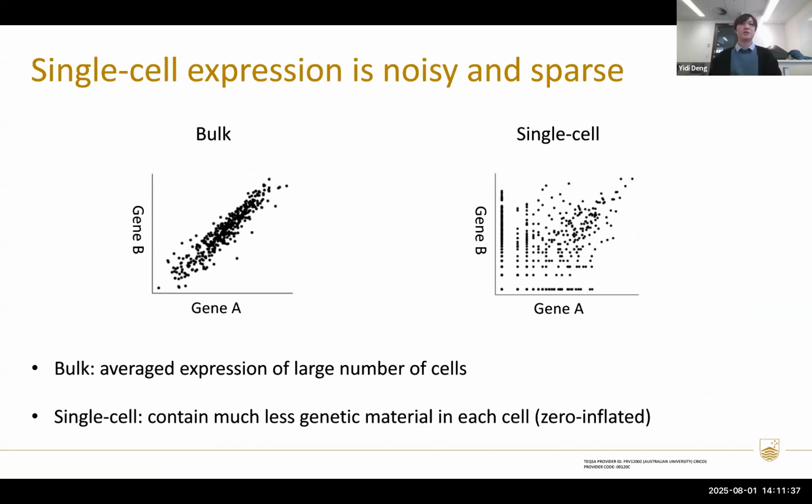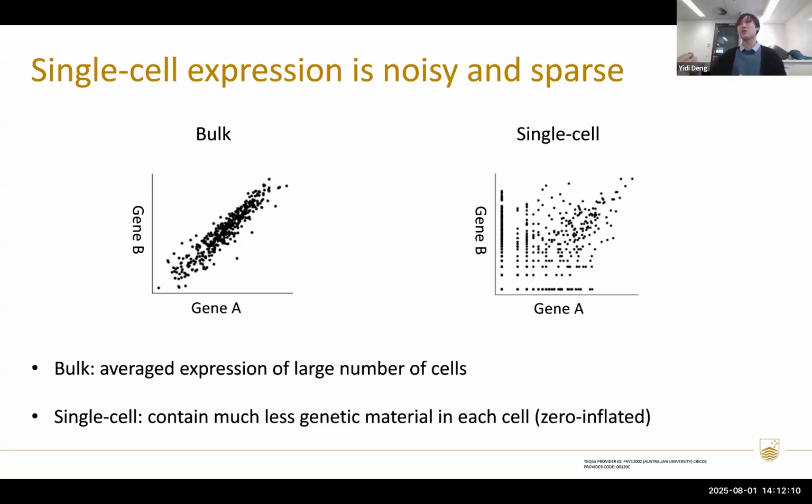Okay, but as you can imagine, the single cell gene expression would be much noisier and sparser compared to the bulk expression data, because bulk expression data is the average expression. So it is inherently more stable, but it doesn't necessarily mean it's high resolution. But in single cell data, within each cell, you have much less genetic material, so the expression is more likely to be influenced by technical factors.